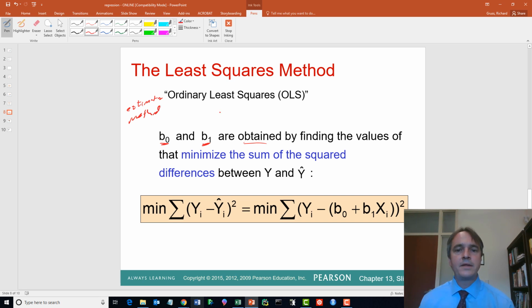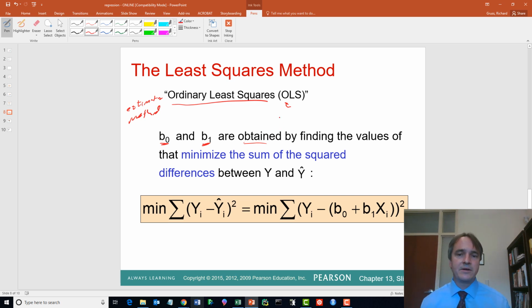And the particular one that we're going to be using is called ordinary least squares, or OLS for short. The reason why it's called ordinary is just that it was really the most intuitively obvious and the most basic and the one that's been around forever.